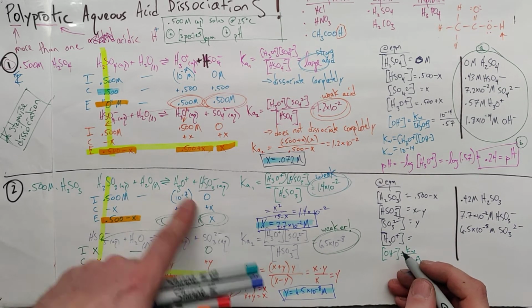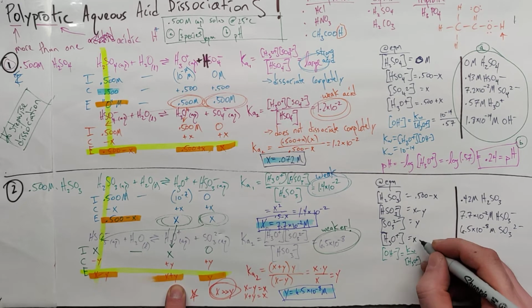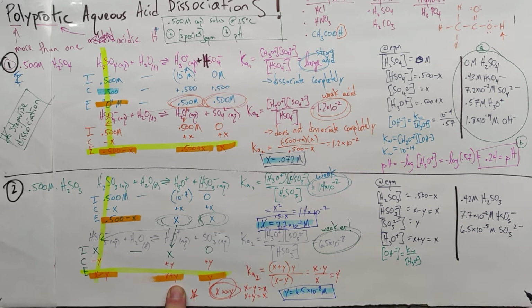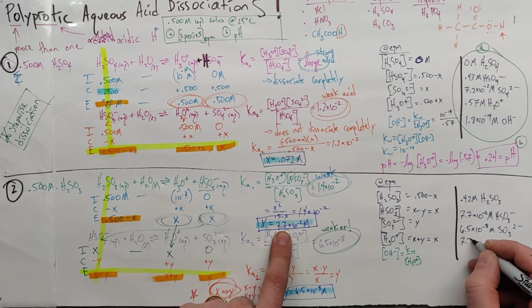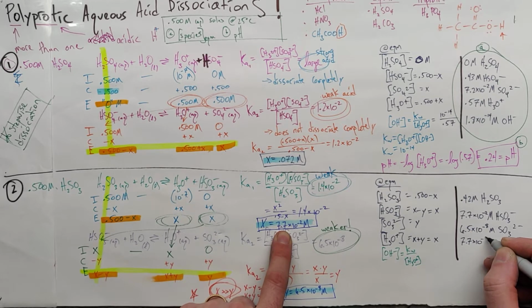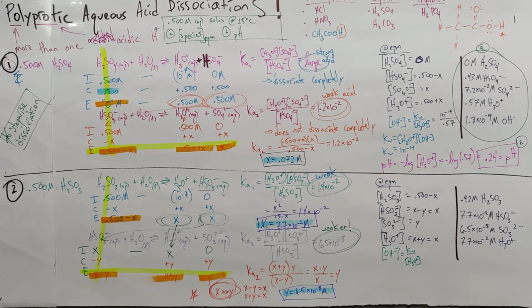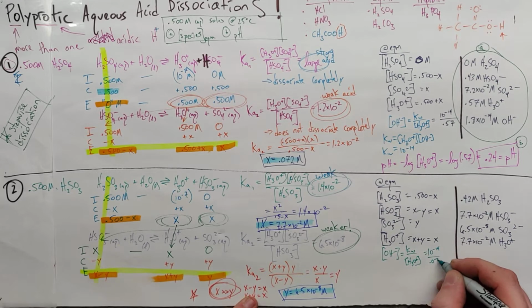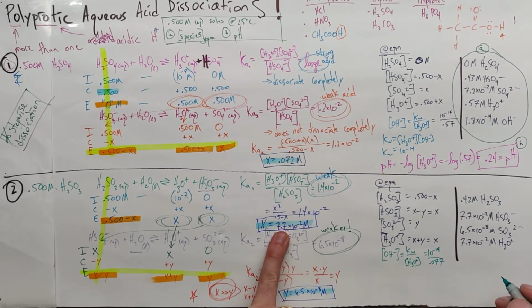And then our H3O plus should be x plus y, which is, for all practical purposes, x, just like x minus y was, because y is so small, and that is 7.7 times 10 to the minus 2nd molar. We've got the OH minus, which we'll calculate as 10 to the minus 14th over the 0.077 that we calculated right there.